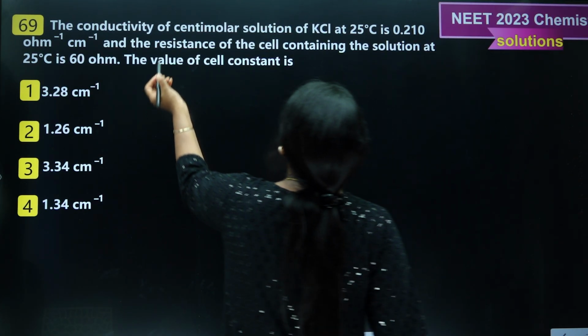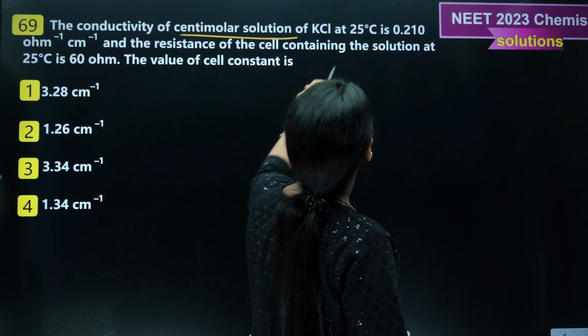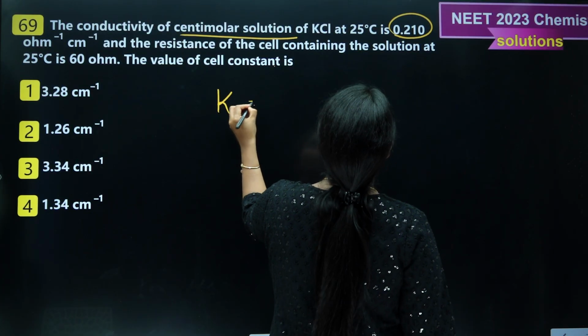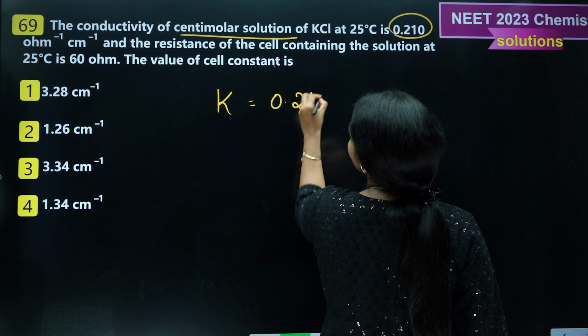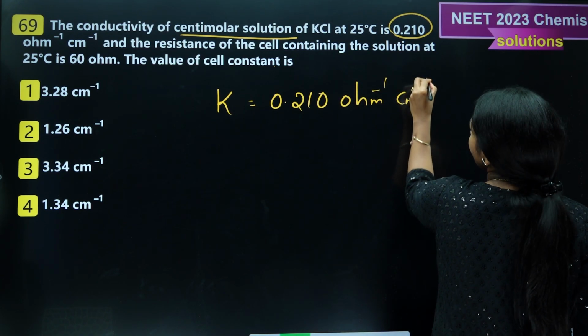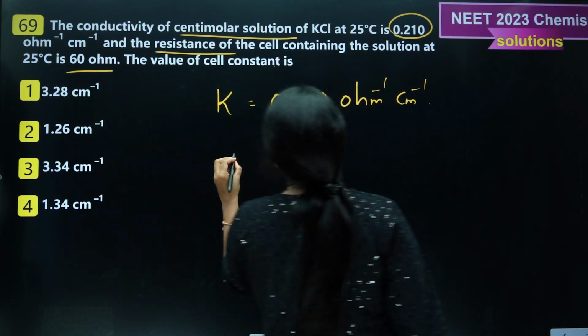The conductivity of a centimolar solution of KCl is given. The conductivity value K is 0.210 ohm inverse centimeter inverse, and the resistance of the cell is 60 ohm.